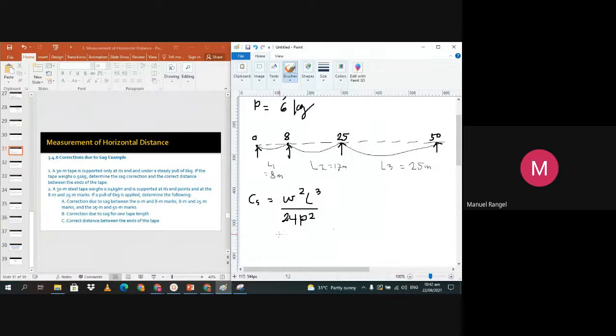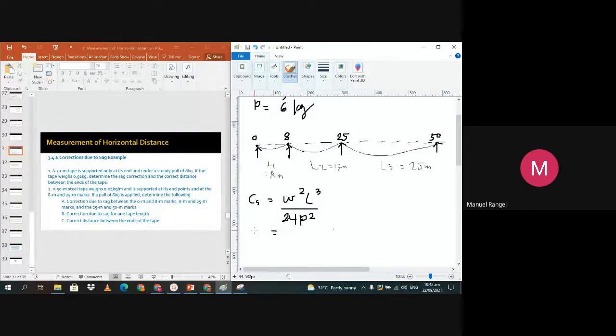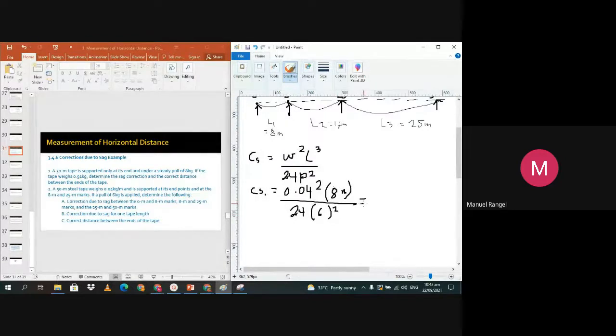For L1, the correction due to sag, let's denote this as CS1, is 0.04 squared times the length of 8 meters times 24 and the P of 6 kilograms squared. So what's the value?